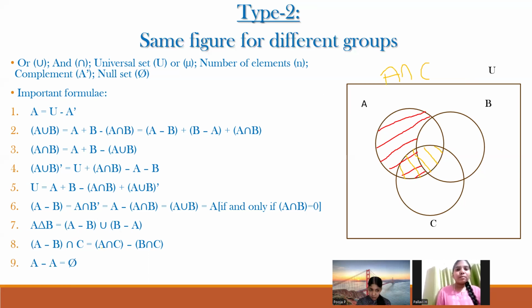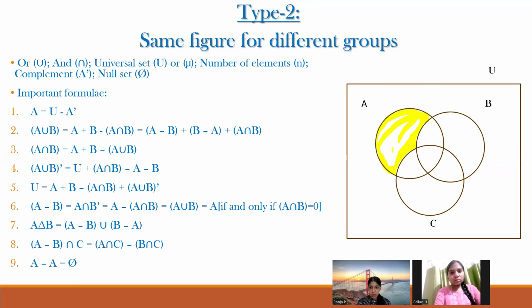A minus B is the red lines, and intersection C, wherever A intersects with C, we have put as yellow lines. Considering you have three sets, A difference B is only this.